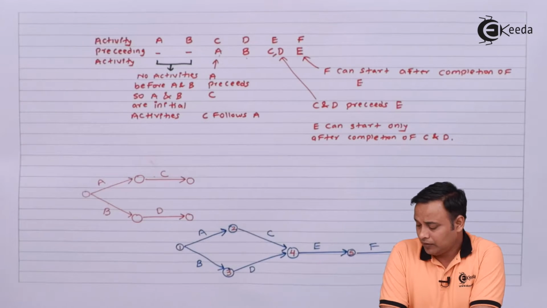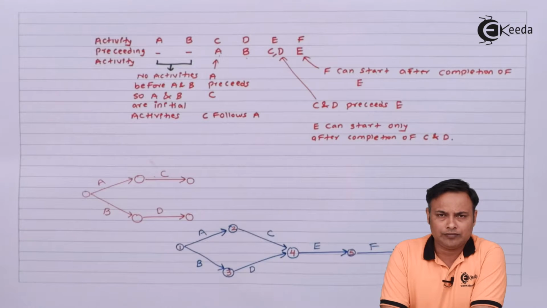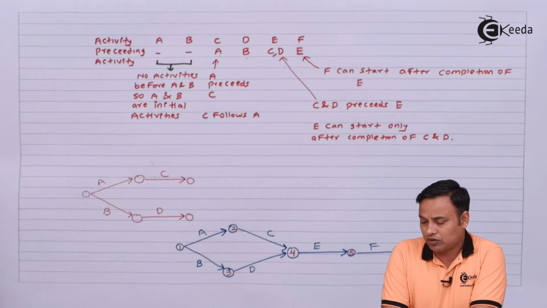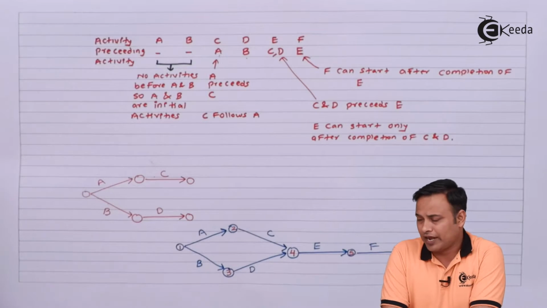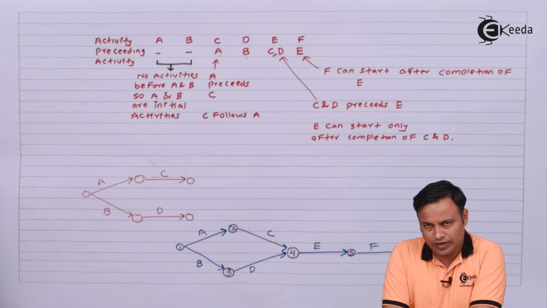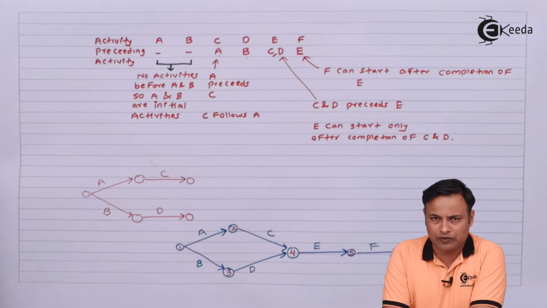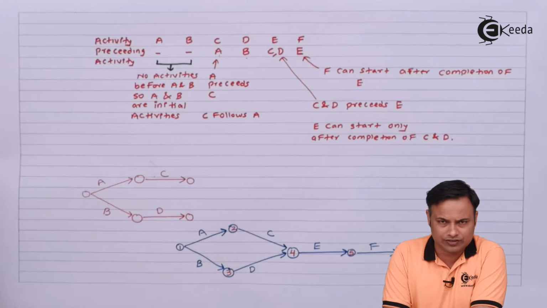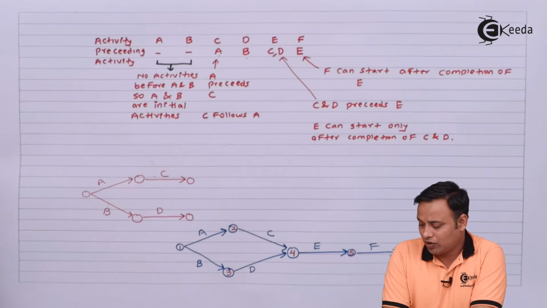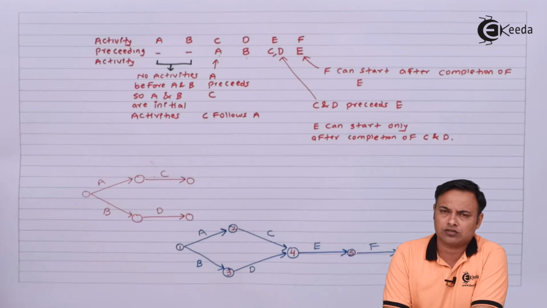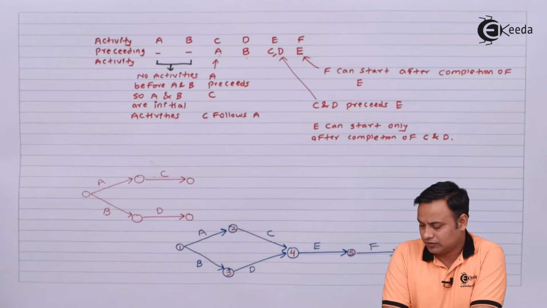One more thing, while drawing the diagram, always follow the pattern from left to right. Don't put any of the arrows in a backward direction or in a curved direction. Arrows should always be drawn straight with a scale rather than going in a curvy manner.